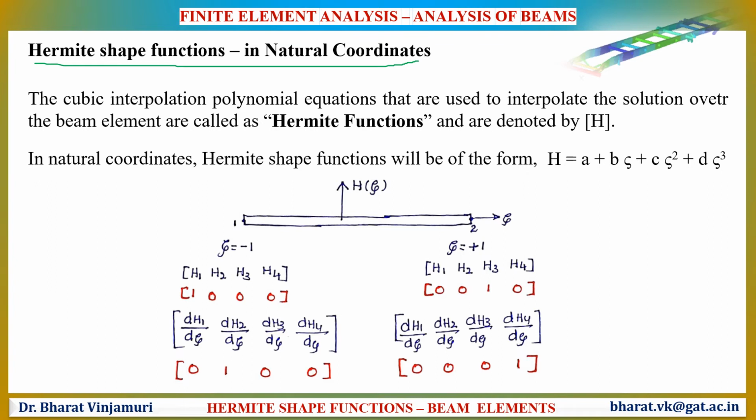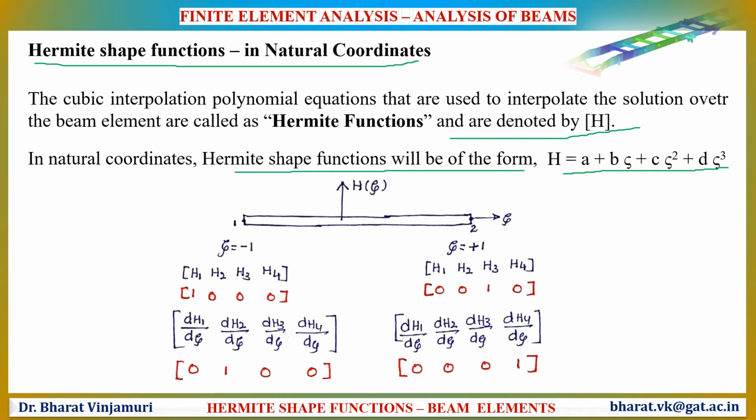The cubic interpolation polynomial equations that are used to interpolate the solution over the beam elements are called Hermite shape functions, and these shape functions are denoted by h. In natural coordinates, the Hermite shape functions will be of the form h is equal to a plus b zeta plus c zeta square plus d zeta cube.